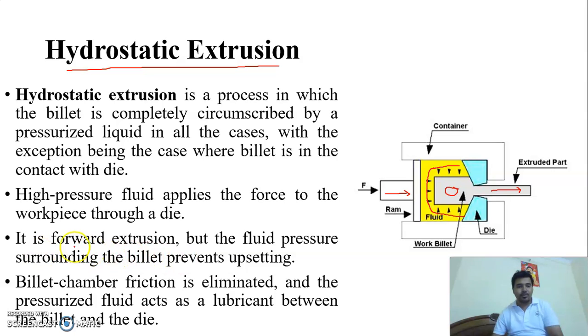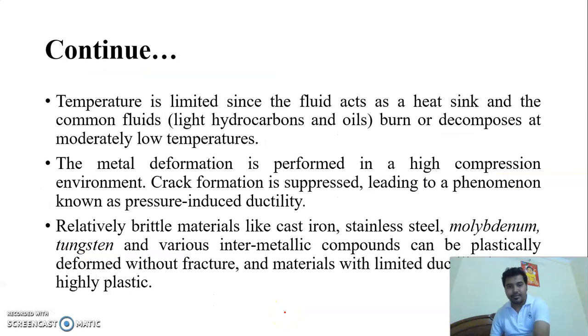It is a forward extrusion, as I have said, but the fluid pressure surrounding the billet prevents upsetting. Billet chamber friction is eliminated because there is a fluid. There is no direct contact of the billet with the container. Therefore, the friction is zero, and the pressurized fluid acts as a lubricant between the billet and the die.